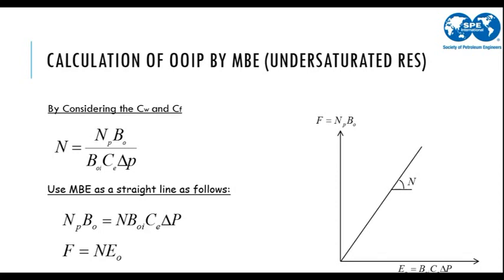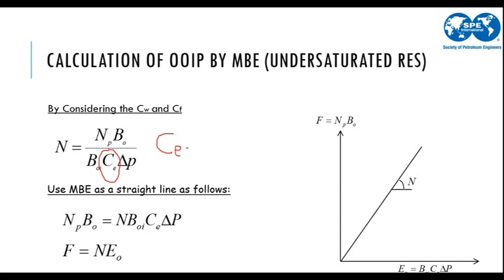So N equals Np, the produced oil, multiplied by Beta o, the oil formation volume factor at this pressure, divided by Beta oi, the initial oil formation volume factor, multiplied by Ce. What is Ce? Ce is the effective compressibility for the reservoir.